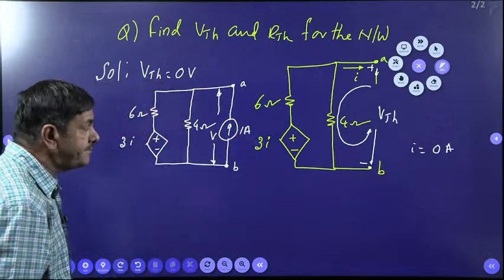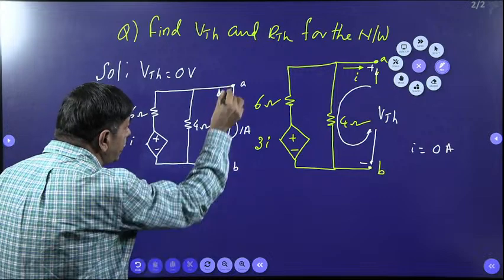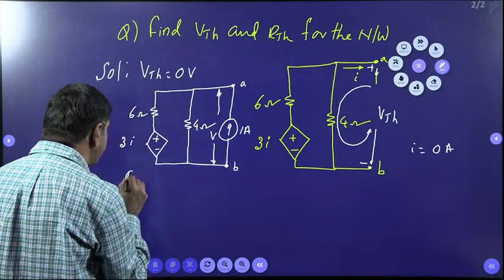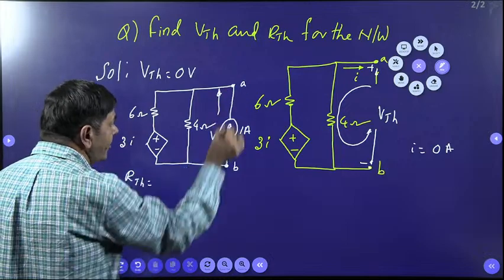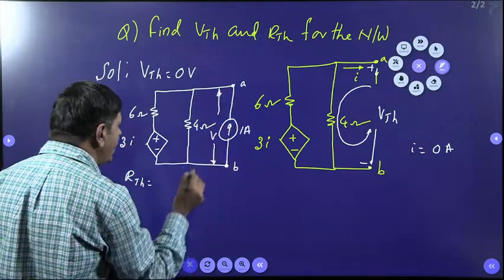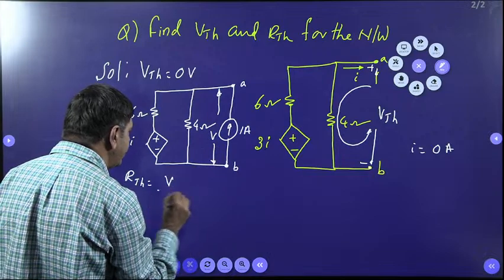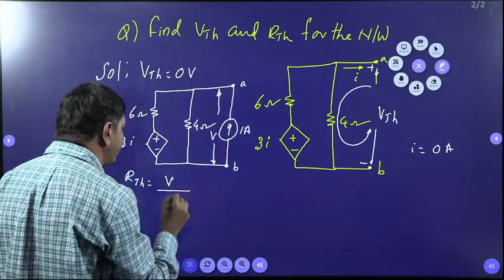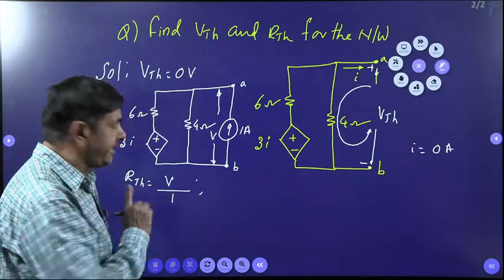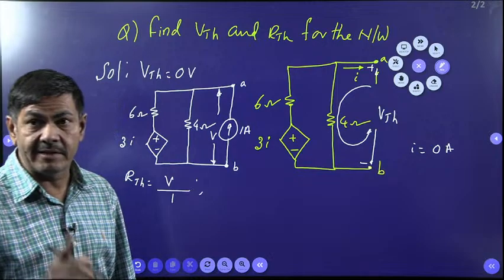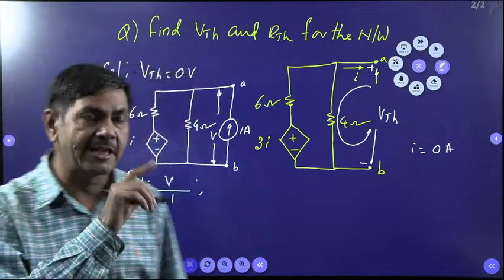The resistance across AB is nothing but RTH. Voltage across AB divided by current across AB, that is 1 ampere. If I know voltage, I can determine RTH. That is why our effort is only on voltage V.